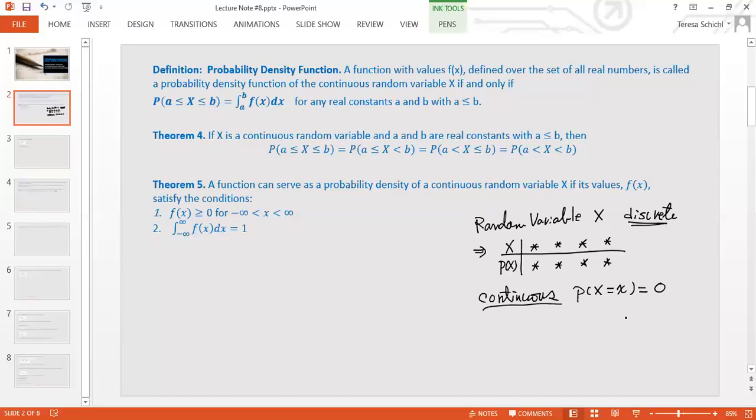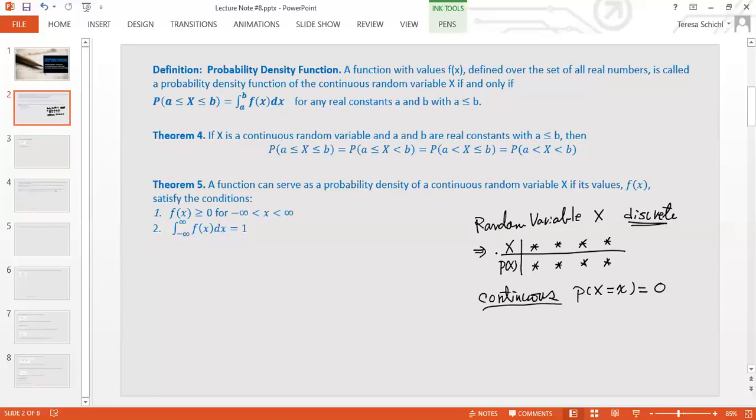We just don't have the measurement units. So you cannot say your random variable exactly equals some value, and this probability will be 0, because your random variable can be continuously divided.